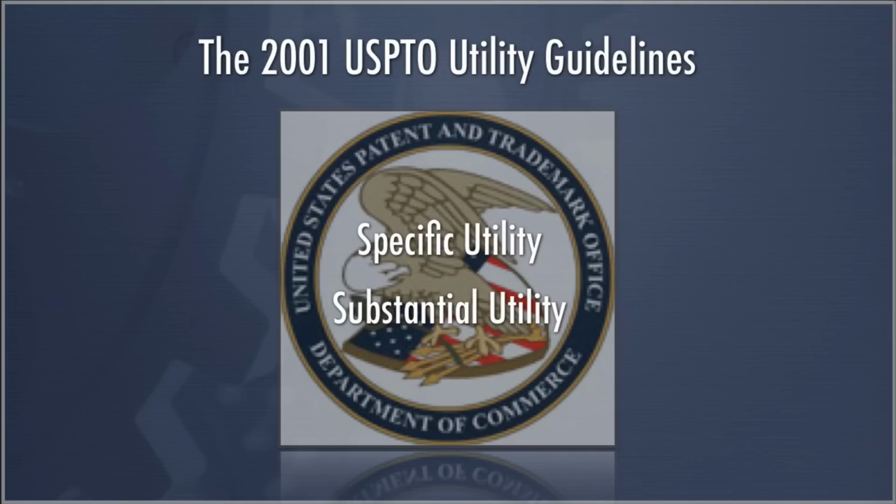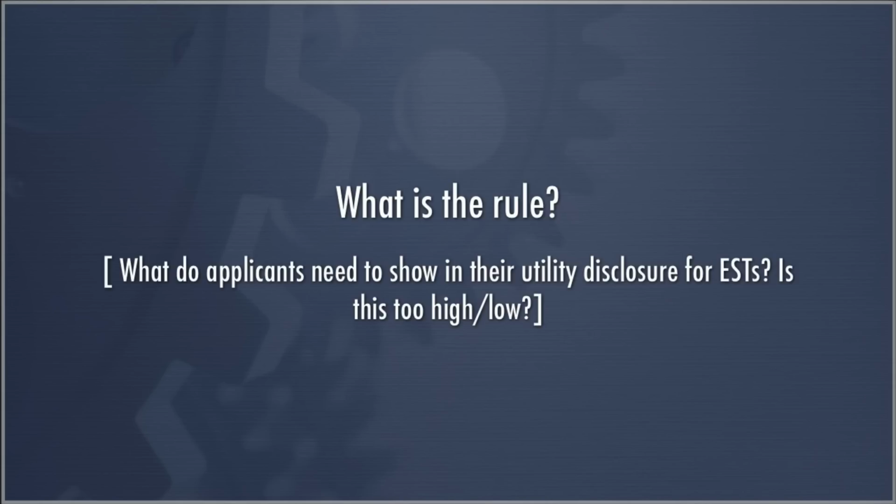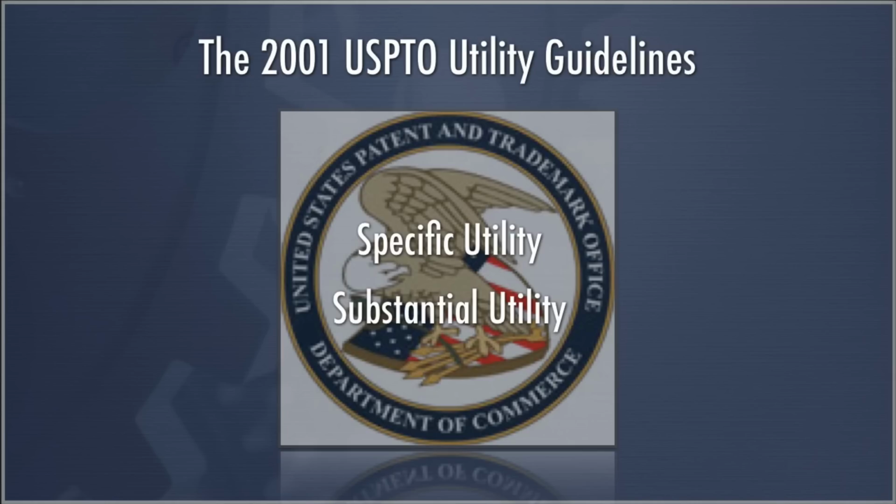And then a substantial utility, which they define as a real world use. So going back here, the Fisher patentee would have had to show under the 2001 guidelines that there was a specific utility directly related to these ESTs, and that utility had a real world impact.